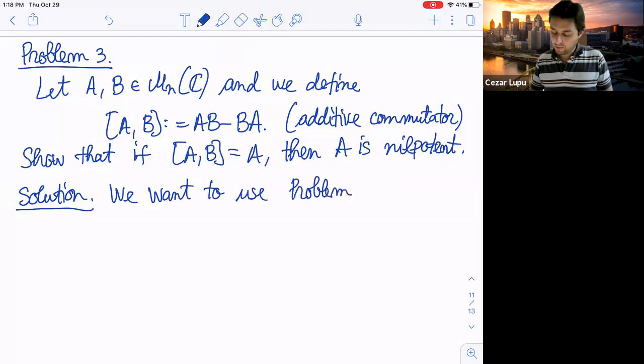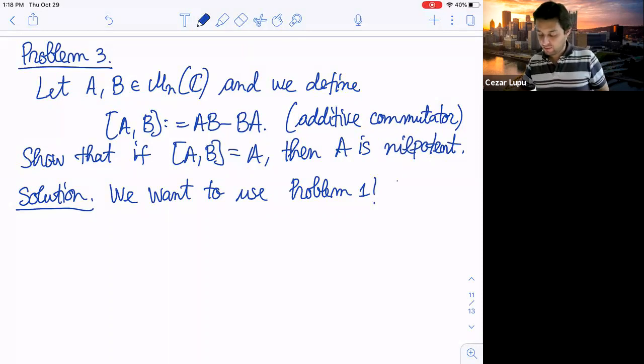And keep in mind what problem 1 said. It says that if the trace of A to the power k is 0, then A is nilpotent. That's what it says, right?